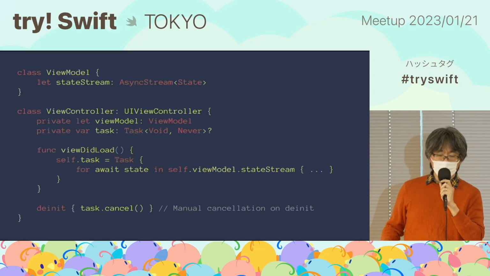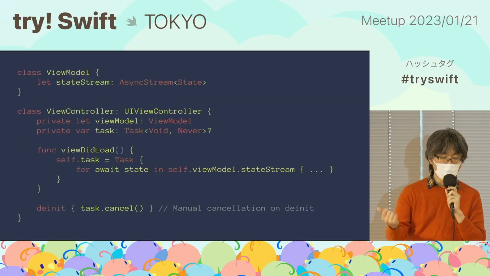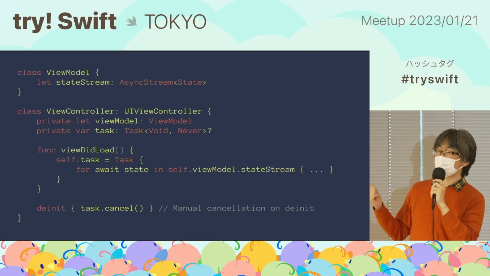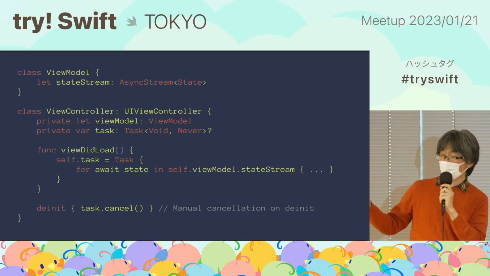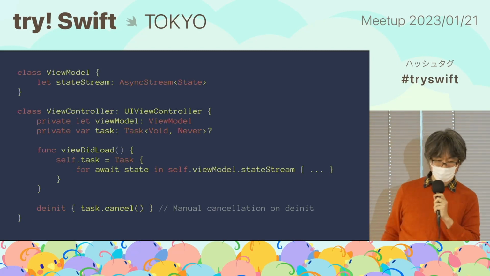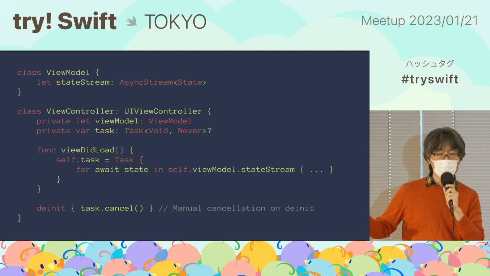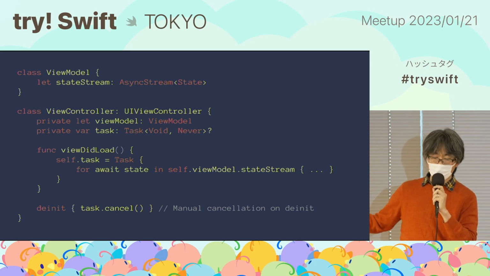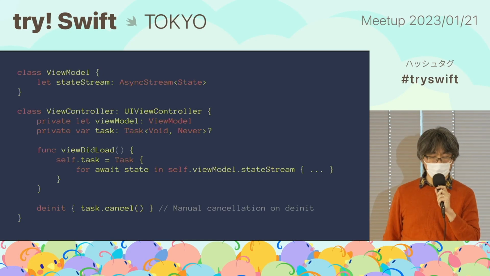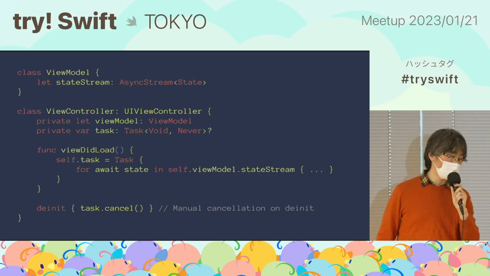Let's think about this simple MVVM pattern in UIKit. Normally, we observe state changes by calling for await inside a task, and the view controller holds the task so that it can clean up on deallocation. If we forget this cancellation, the for await loop might keep running forever, which might get us in trouble in the near future.